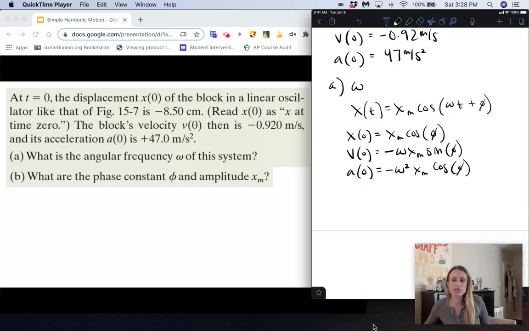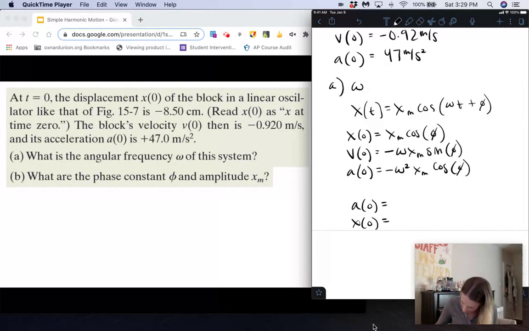Okay. Now for part A, we want to know the angular velocity. What we're going to do is divide the acceleration equation at time 0 by the position equation at time 0, because they both have cosine in them, so we can get rid of the cosine of the phase constant term, and they also both have the amplitude in them, so we can get rid of that maximum x position term. So we get negative omega squared x m cosine of the phase constant, and then x maximum cosine of the phase constant.